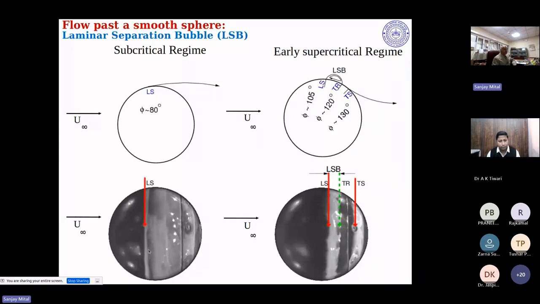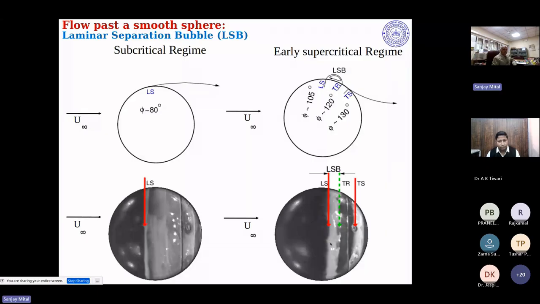So you can see the oil piles up here. So you get a black color just before the separation point and little whitish after the separation point. So this can be used to identify the laminar separation. So this was done in the wind tunnel here at Kanpur. And the separation point is about 80 degrees.